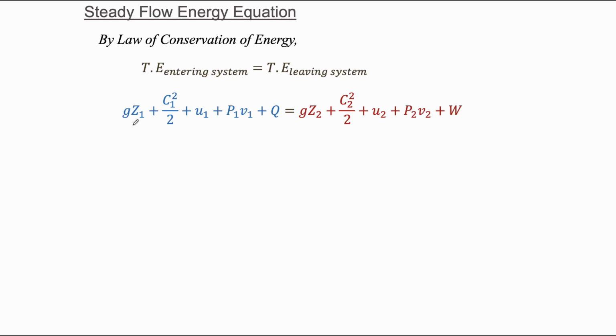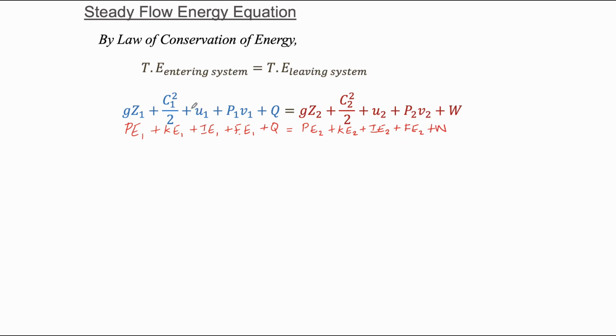So we have a mathematical expression where we have the potential energy at the inlet plus kinetic energy at the inlet plus the internal energy at the inlet plus flow energy at the inlet plus the heat supplied, which is equal to the potential energy at the outlet plus the kinetic energy at the outlet plus internal energy at the outlet plus the flow energy at the outlet plus the work delivered by the system.